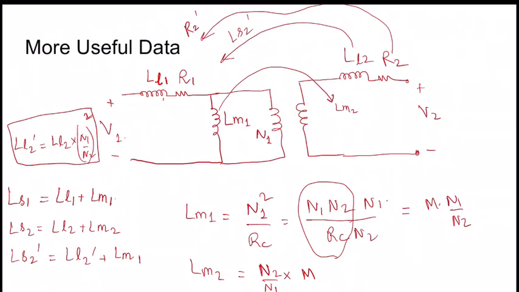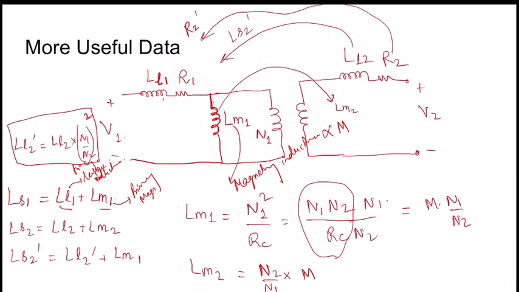and the same LL2 and R2 on the secondary side, and LM1 is the magnetizing inductance that is proportional to mutual inductance but not actually equal to mutual inductance. So now you see LL1 is the primary leakage inductance, LM1 is the primary magnetizing inductance.